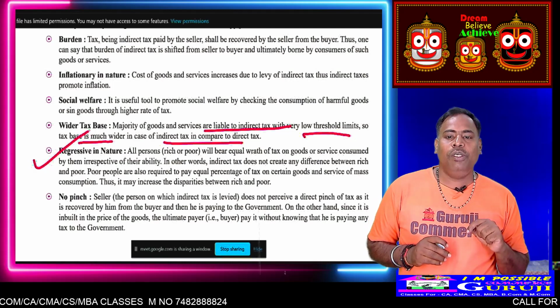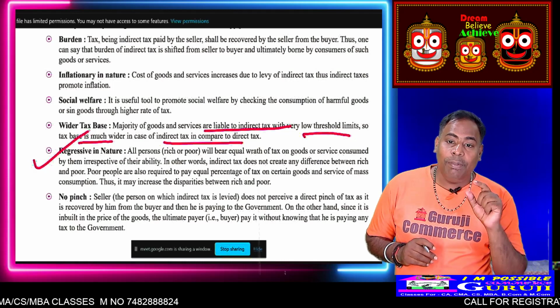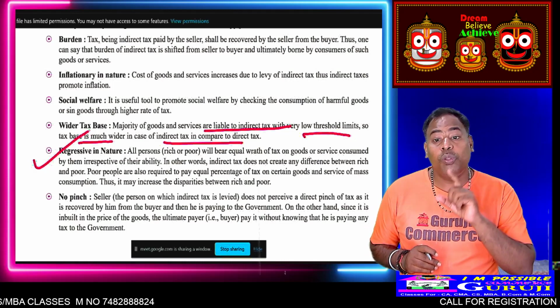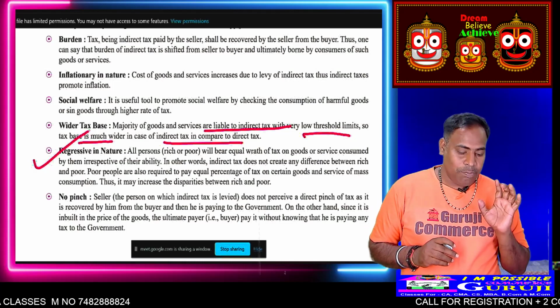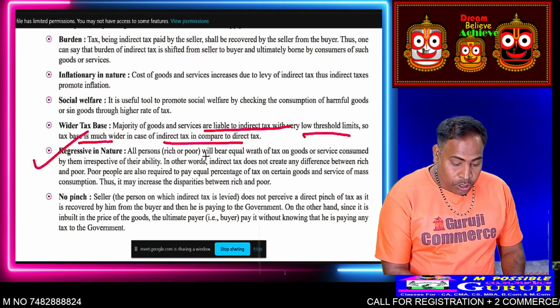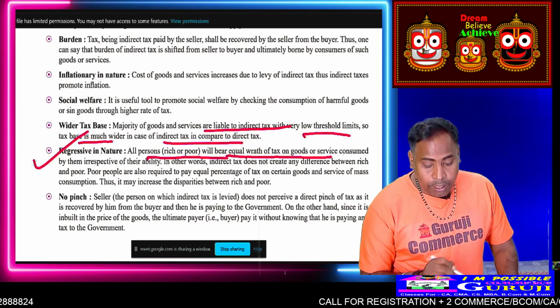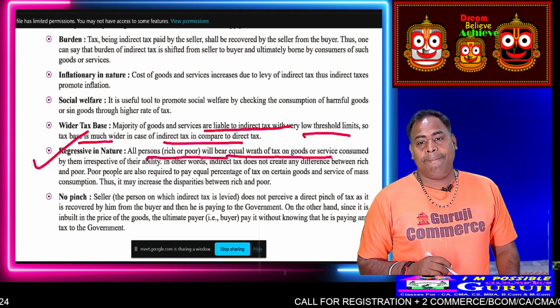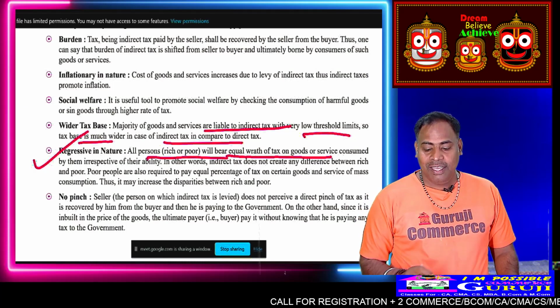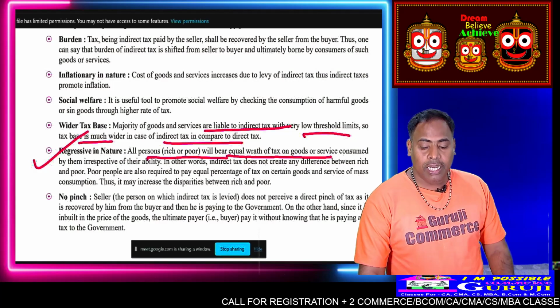If a beggar purchases the same, the tax will be the same 18% for both persons. All persons, rich or poor, will bear an equal amount of tax. Anyone having doubt till now?